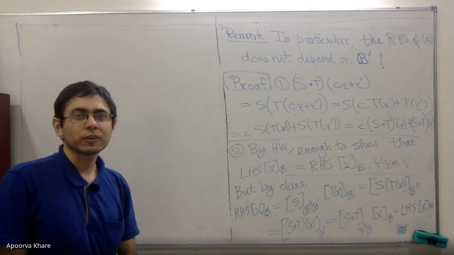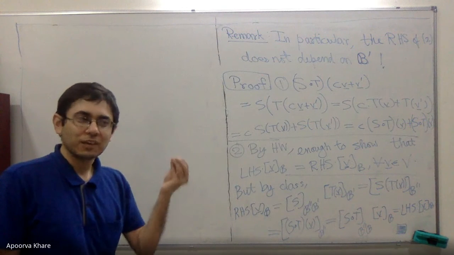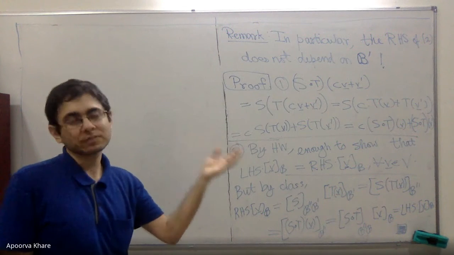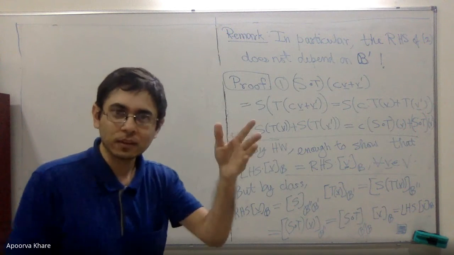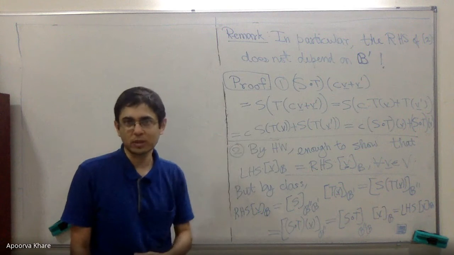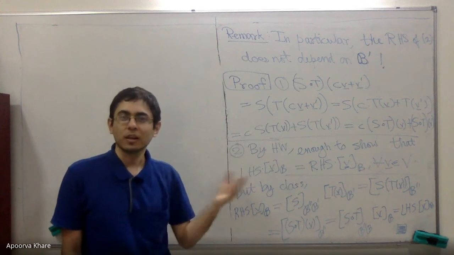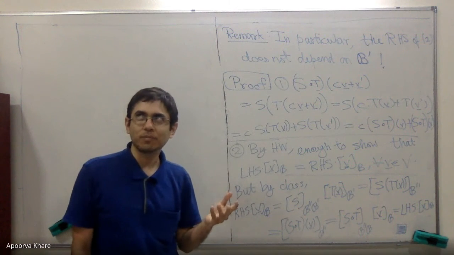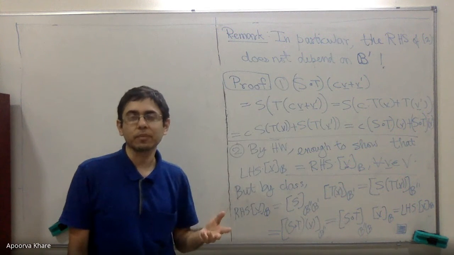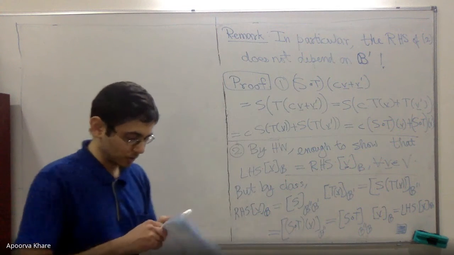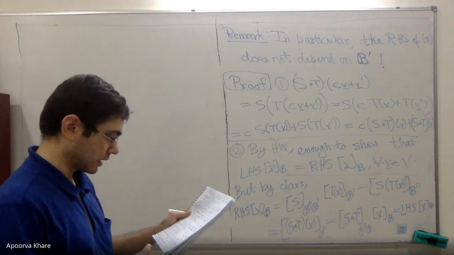If you take the basis to be V1, V2, ..., Vn, the identity map takes V1 to V1, which is 1 times V1 plus 0 times V2 plus 0 times Vn. V2 would go to 0 times V1 plus 1 times V2 and so on. So the matrix of the identity map with respect to any basis and itself would be the identity matrix. There's not much to say about that, but I can just tell you.